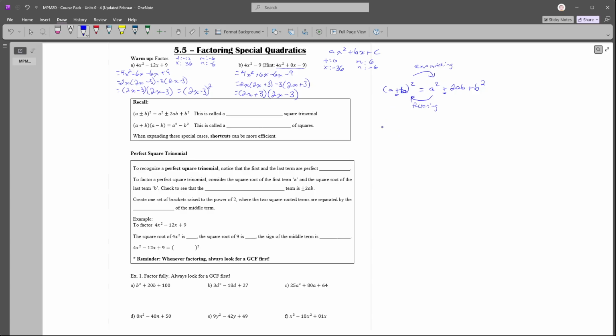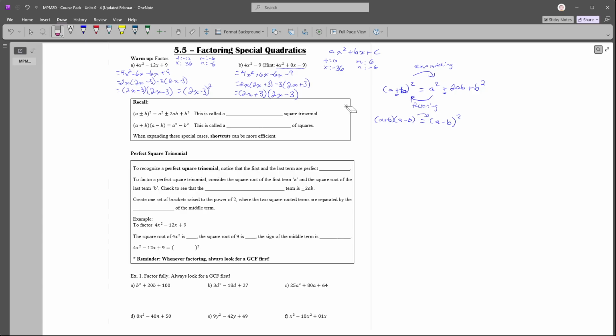Now, similarly, we saw another one. If we see (a plus b) times (a minus b), then we can shortcut that to, oops, I messed that up.